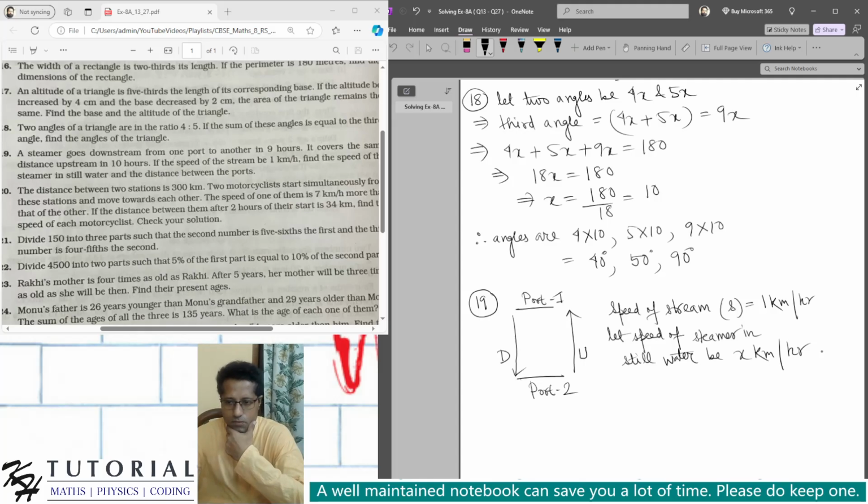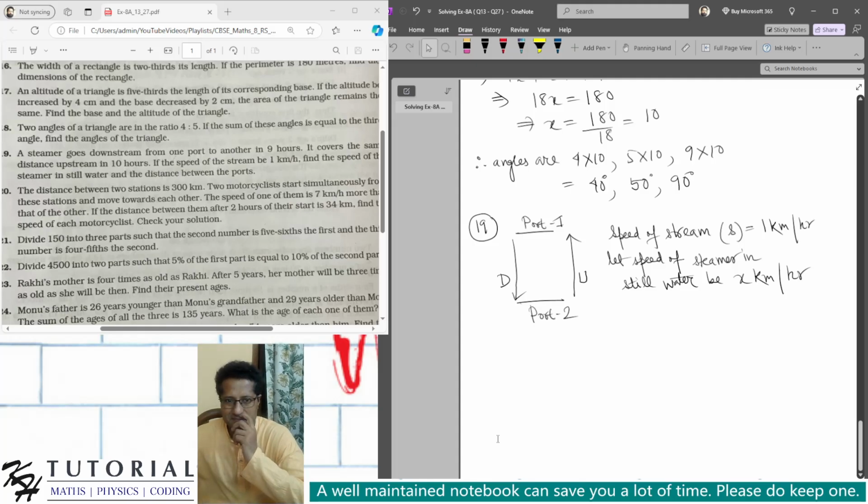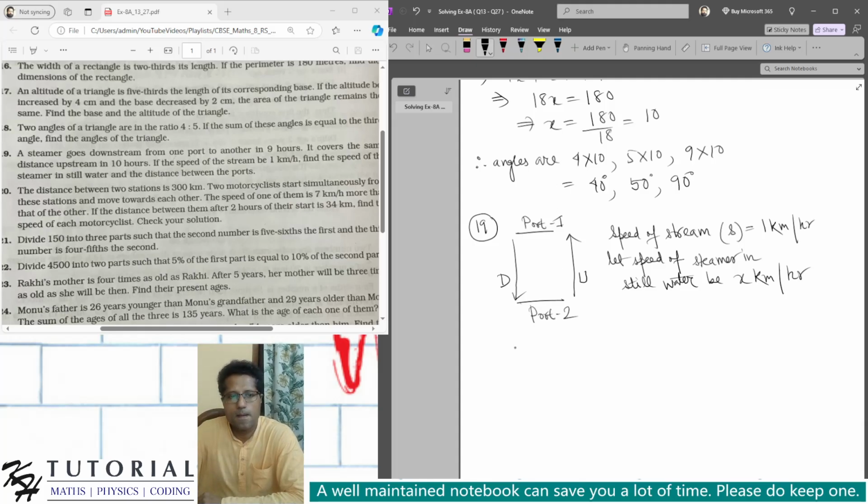Okay, we have assumed the speed of the steamer in still water to be x kilometer per hour. Somehow we have to find x. Now it is given that the steamer covers the distance between port 1 and port 2 in 9 hours downstream.